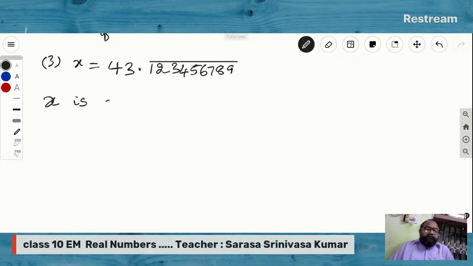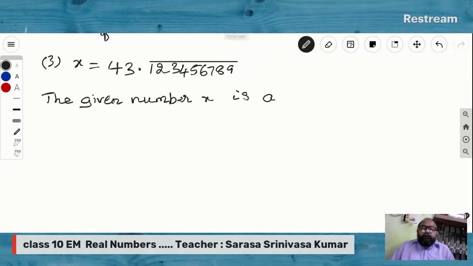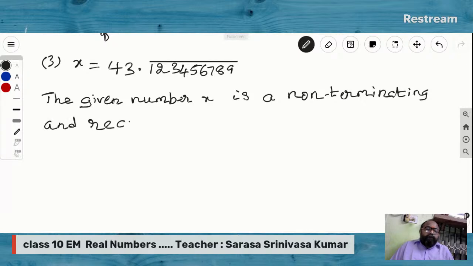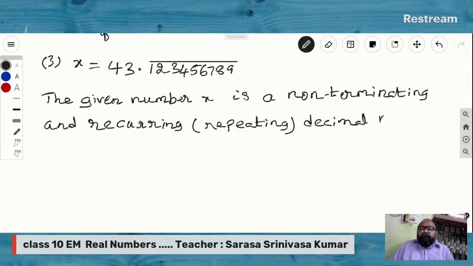The given number x is a non-terminating and recurring (repeating) decimal number.